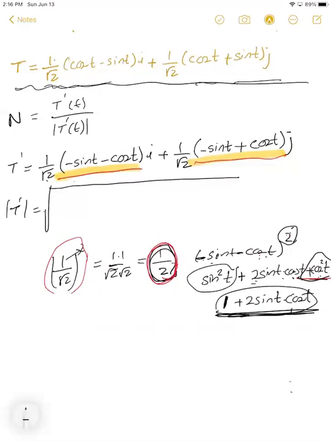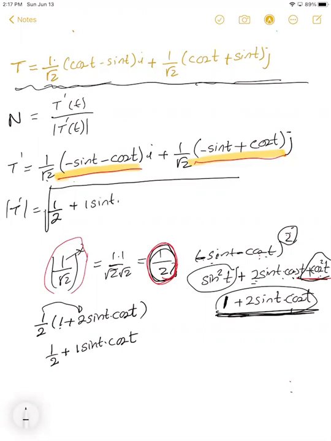And then I have 2 sine t cosine t. So I will end up with 1/2 times 1 plus 2 sine t cosine t, which is 1/2 times 1 is 1/2, and 1/2 times that is 1 sine t cosine t. So that's what we get for the first term: 1/2 plus 1 sine t cosine t.